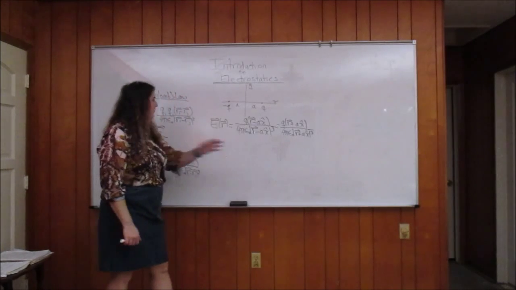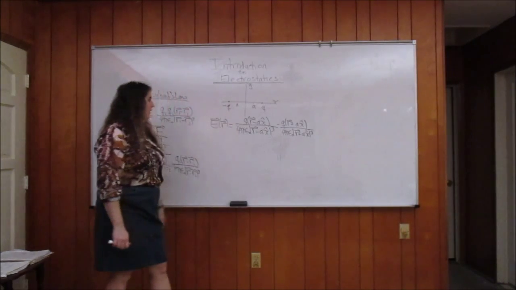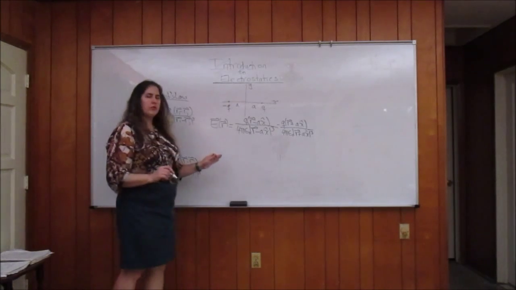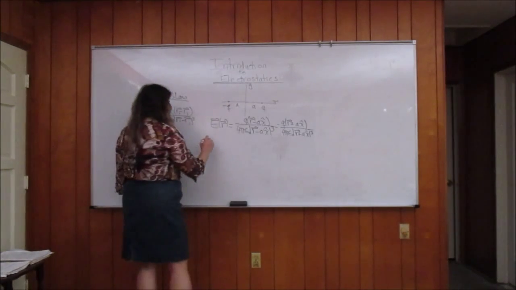So we're taking the magnitude of the separation vector in both cases. I want to know what the electric field, though, is along the midplane.